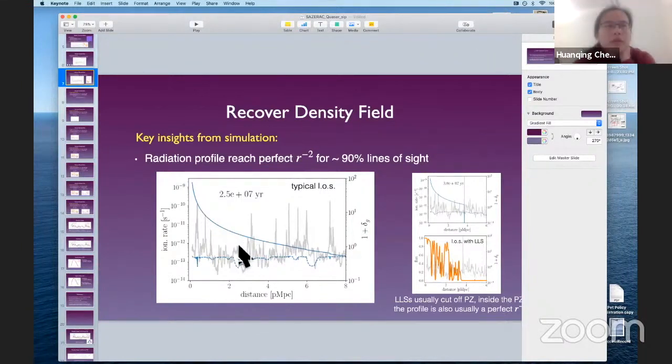So the background radiation is not as important.